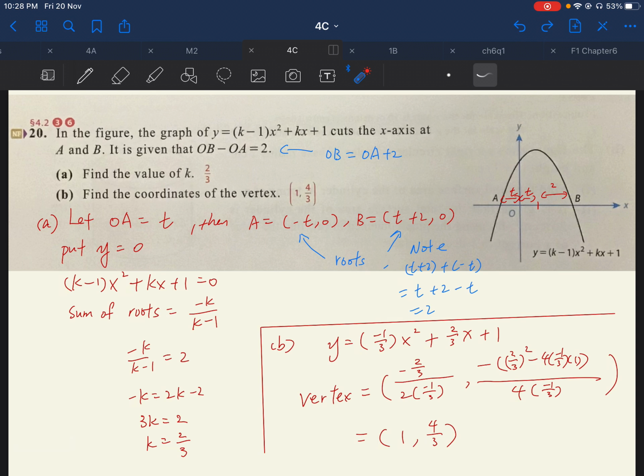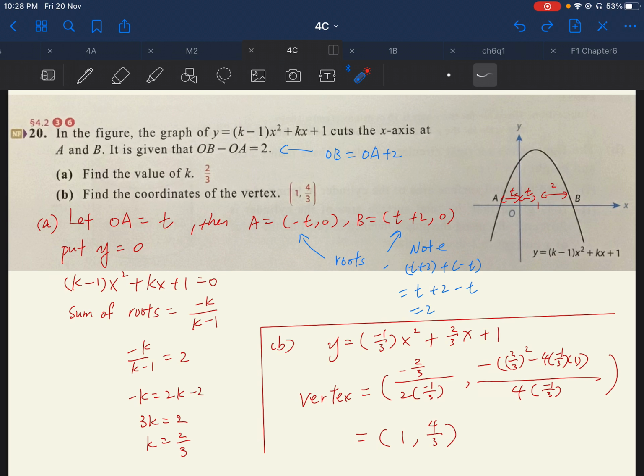So this is the figure. The important point is OB minus OA equals 2. That means OB equals OA plus 2. If OA, the distance, is t, then the coordinate of A would be -t, because A is on the negative x-axis. How about OB?